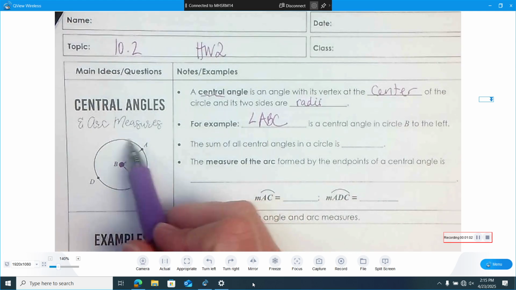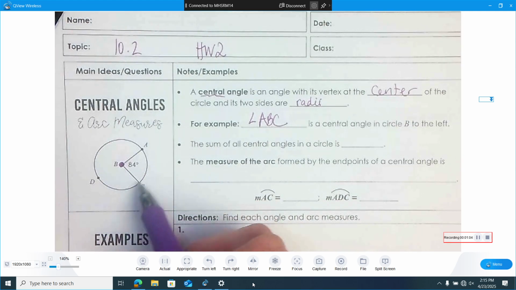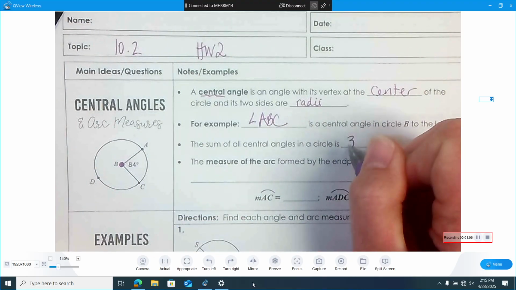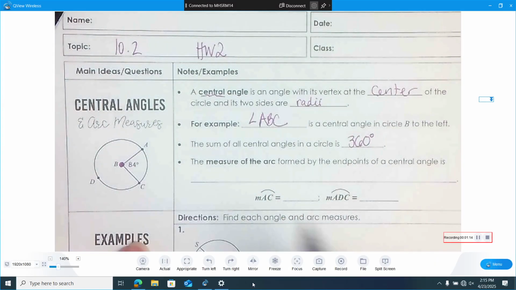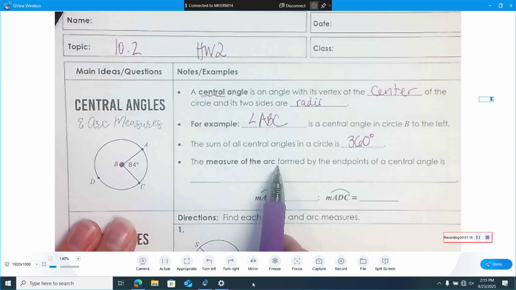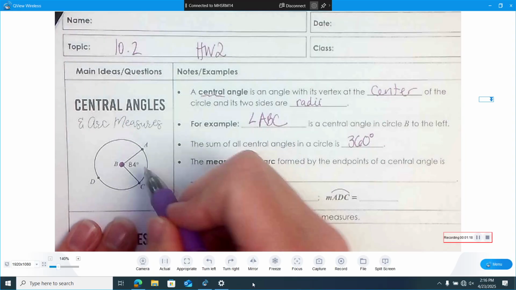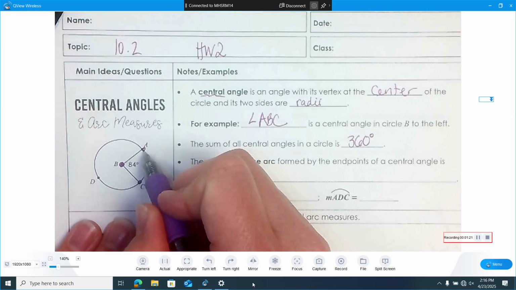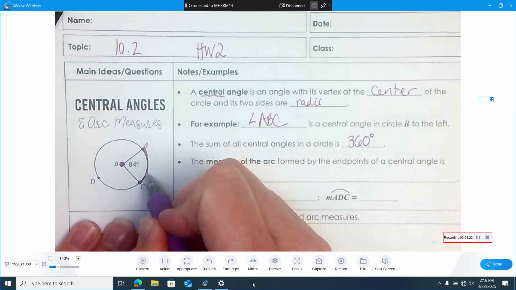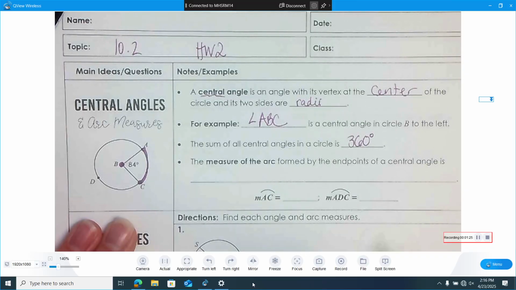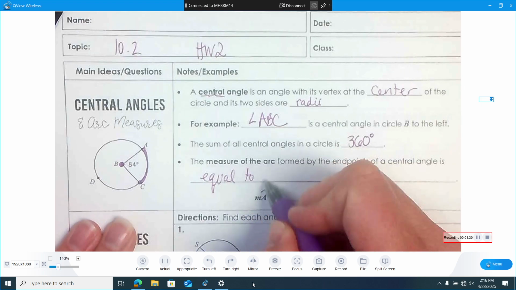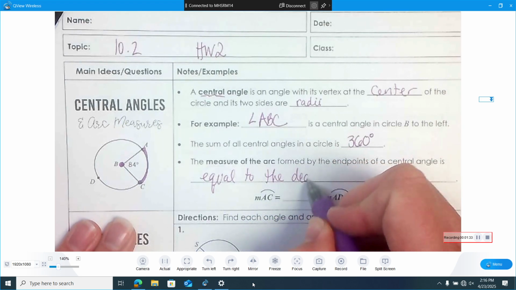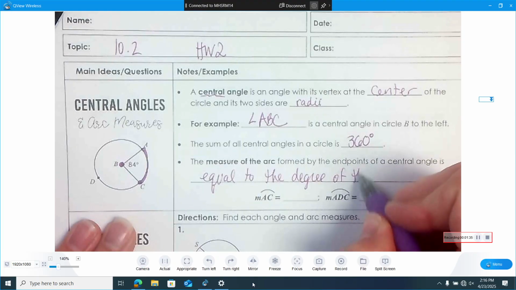How many degrees are in an entire circle? Good, 360 degrees. We're going to need that whole circle information. The measure of the arc formed by the endpoints of our angle, in this case arc AC, is equal to the degree of the central angle.